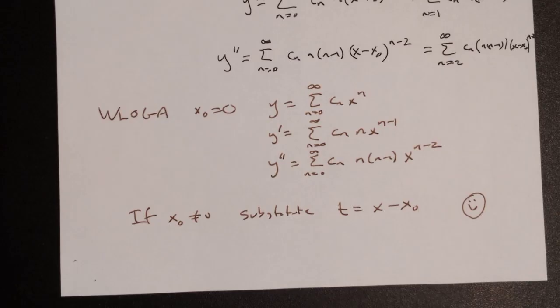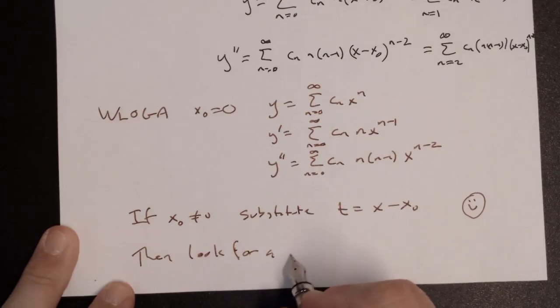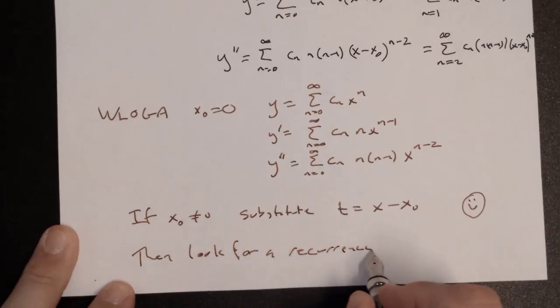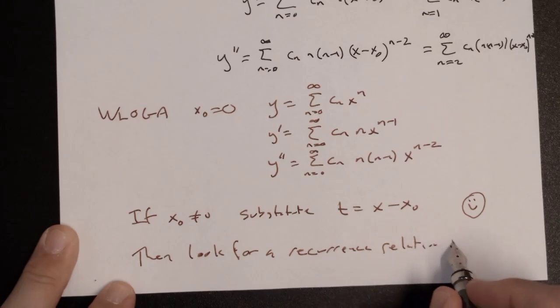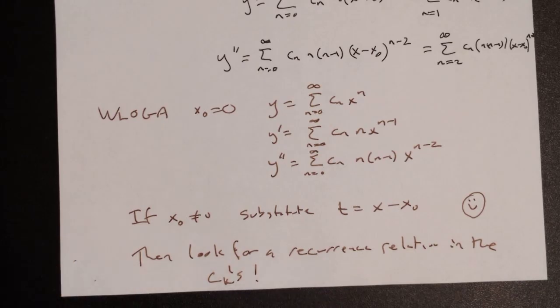Once I've done this, I then need to look for a recurrence relation in C's. We did this on Tuesday, where we looked at what happened as we looked at different values, and we found C going back to C0 and C going back to C1.